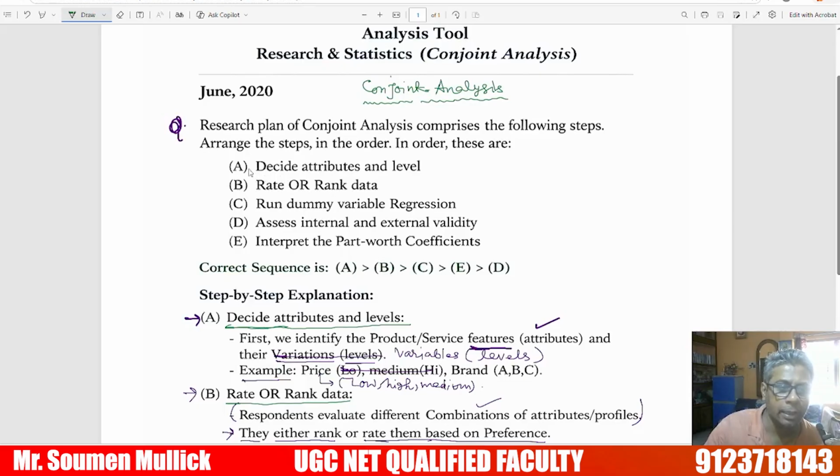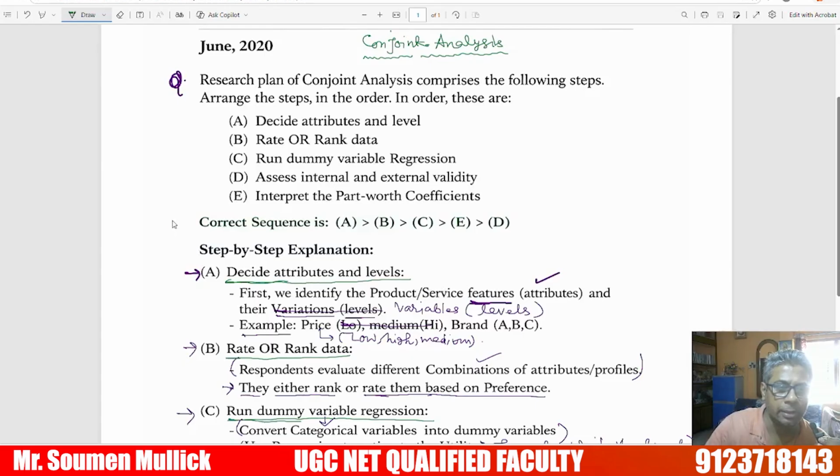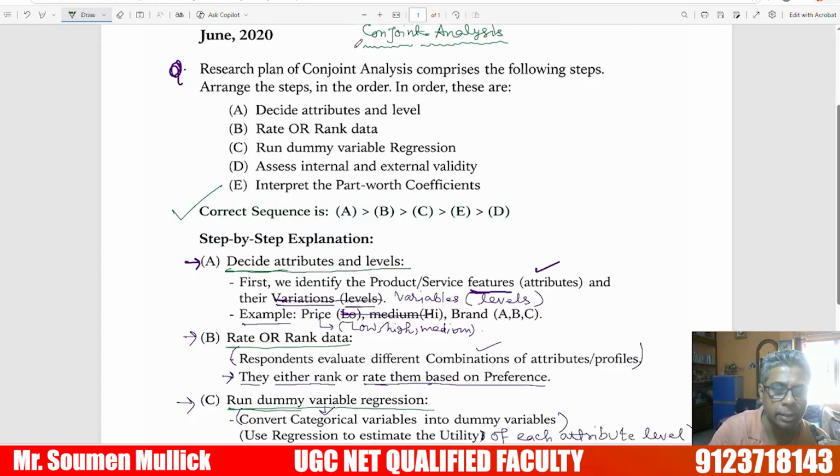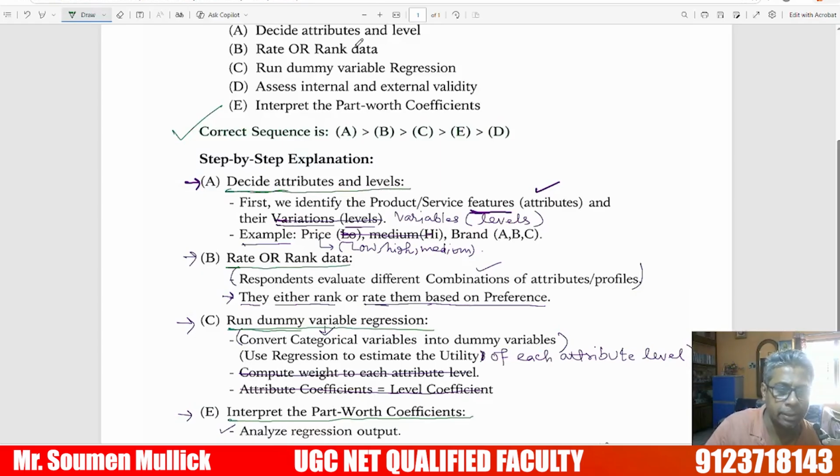They are: decide attributes and levels, rate or rank data, run dummy variable regression, assess internal and external validity, and interpret the part-worth coefficients. With the correct sequence being A, B, C, D. Now step-by-step explanation: why this sequence is correct.